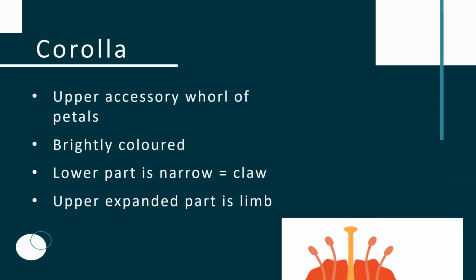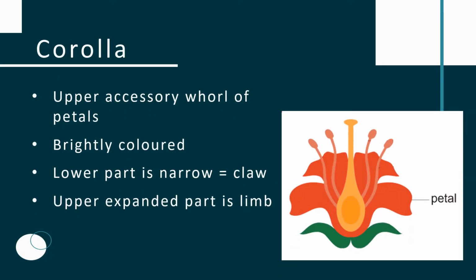Next is corolla, that is the upper accessory whorl of petals. These are brightly, beautifully colored in order to attract insects for pollination. The petals have a lower narrow part that is known as claw and the upper expanded part is known as limb.